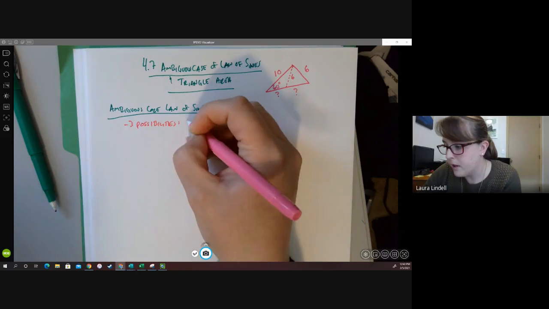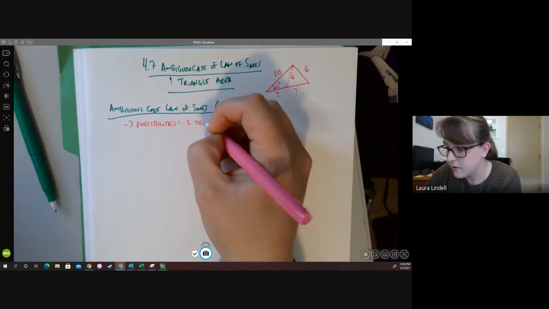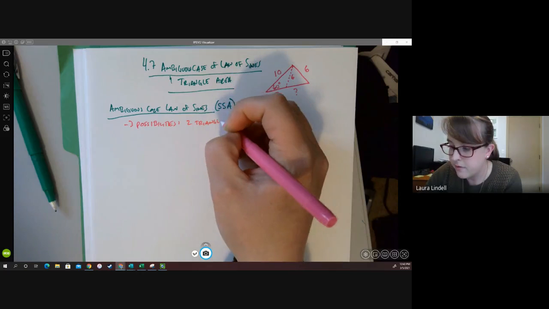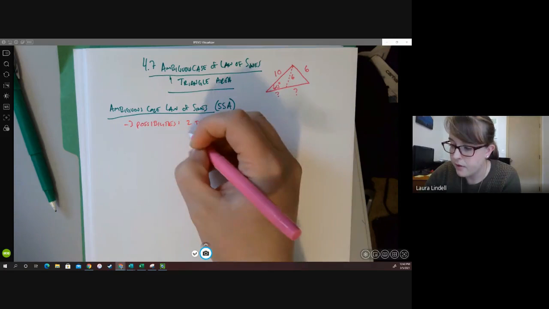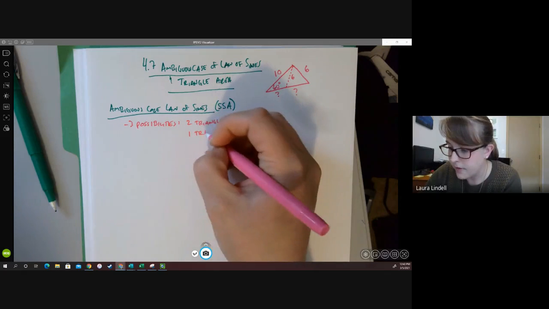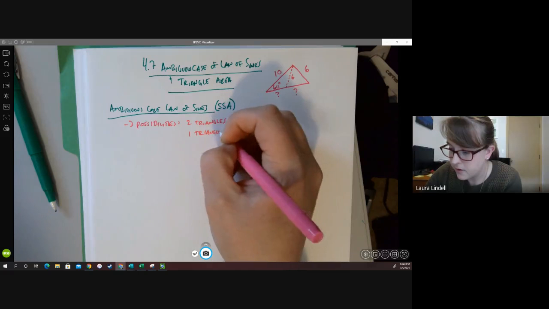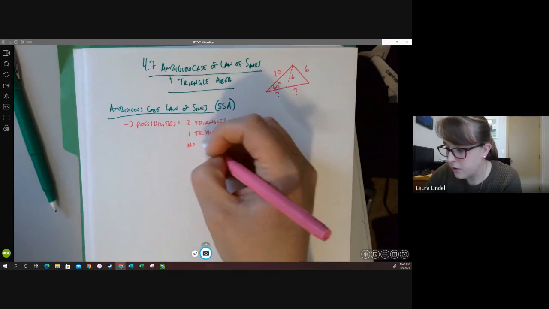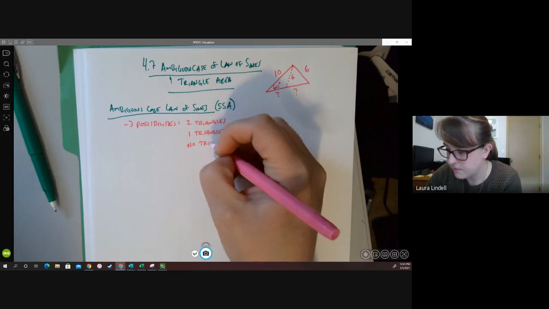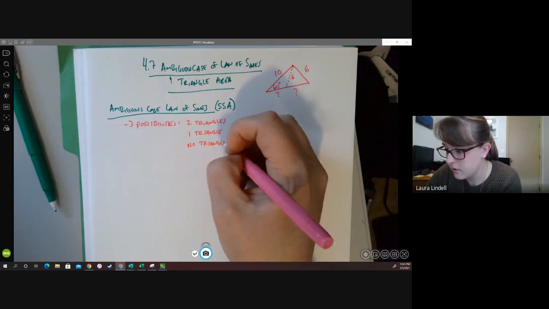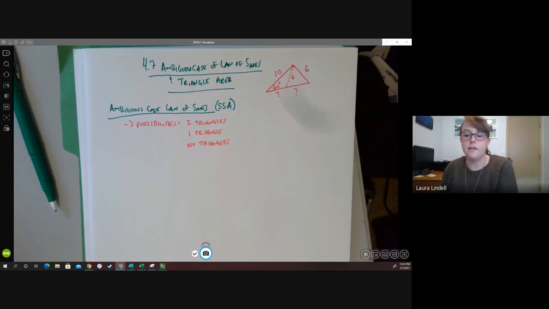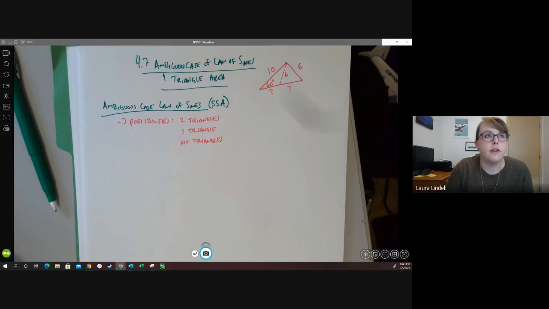There could be 2 triangles given by that set of information that you have. There could be 1 triangle represented by that set of information. Or there could be no possible triangles given by that set of information. So there are 3 different distinct possibilities.